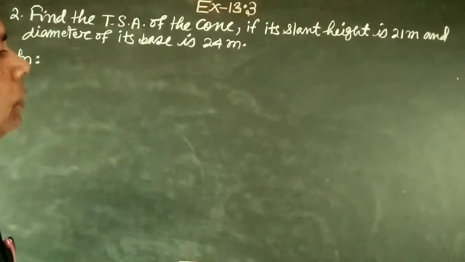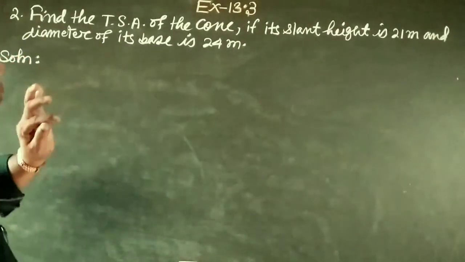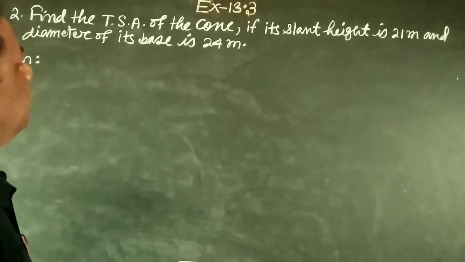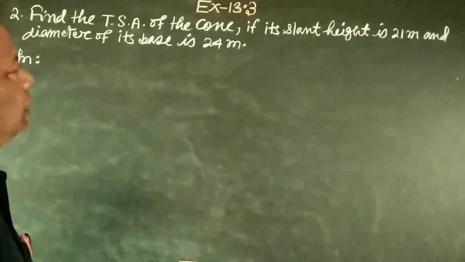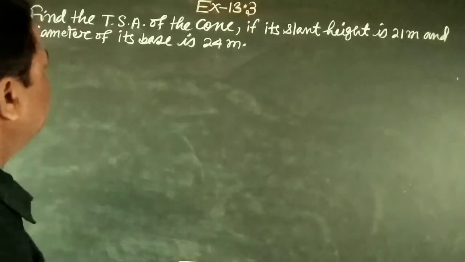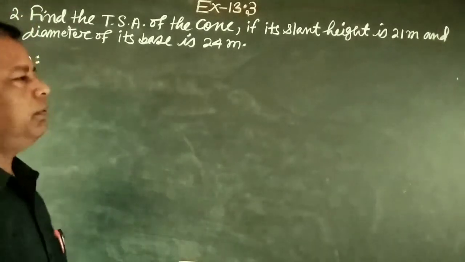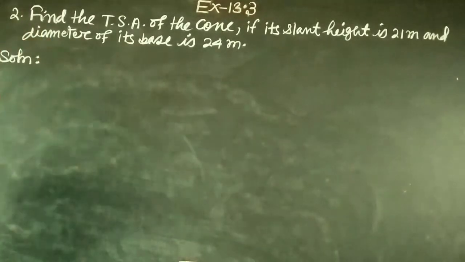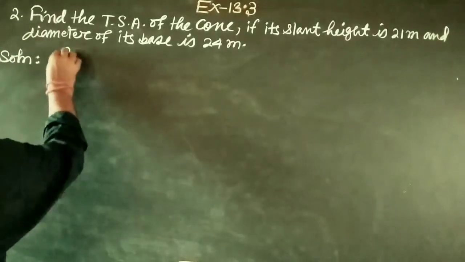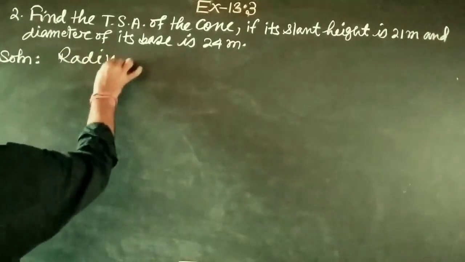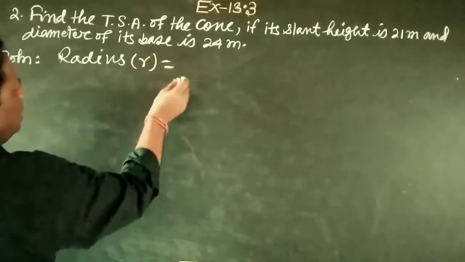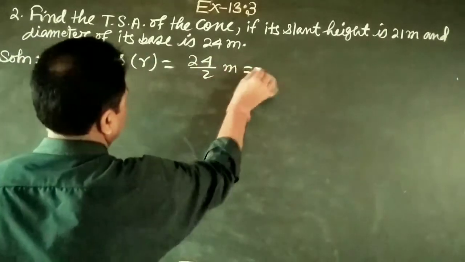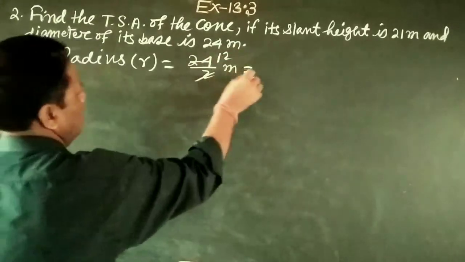Read question number 2. Find the total surface area of the cone if its slant height is 21 meter and the diameter of its base is 24 meter. The diameter of the base is given as 24 meter, so from the diameter we will find the radius of the cone. Radius R is half of the diameter, that is 24 by 2, which is 12 meter.